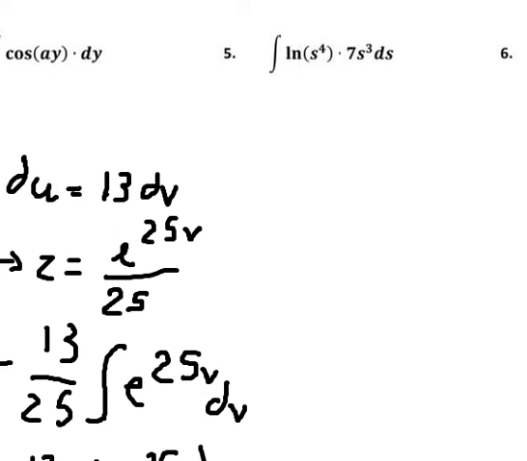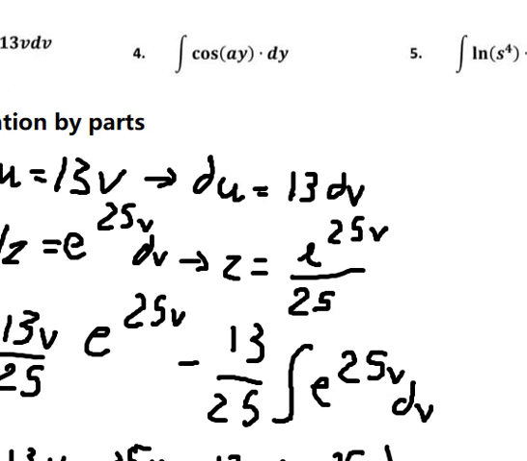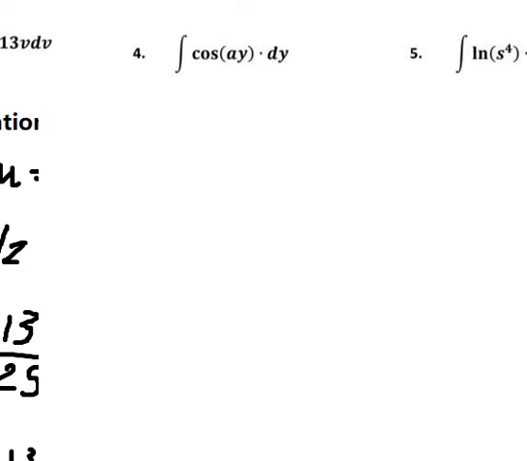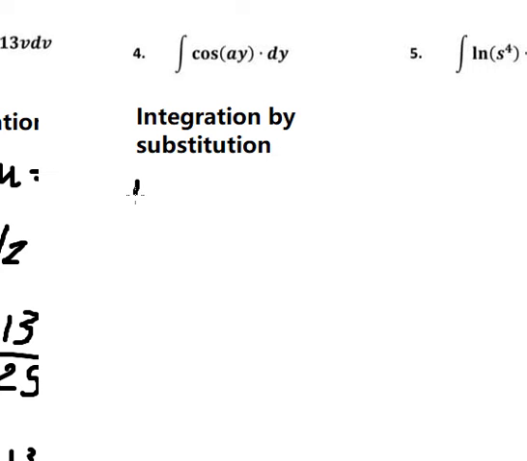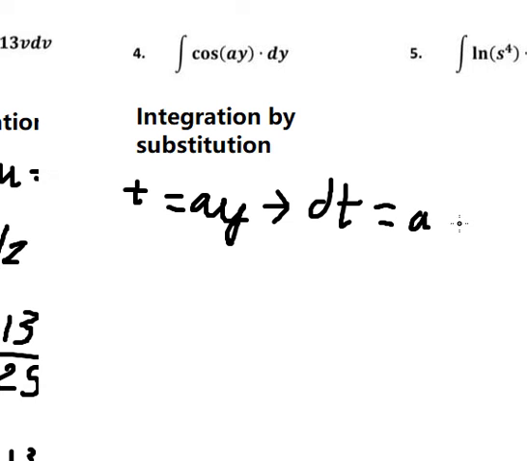The next one, that's question number 4. This one we can use integration by substitution. So I will put t equal to ay. So we do first the derivative for both sides, and we have dt equal to a dy. Because we don't have a in here, we need to divide both sides by a.